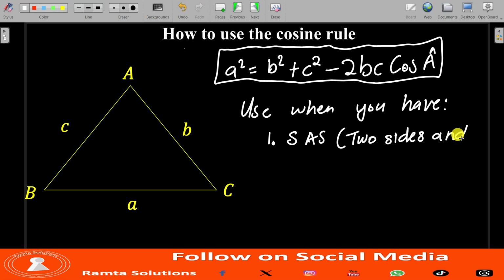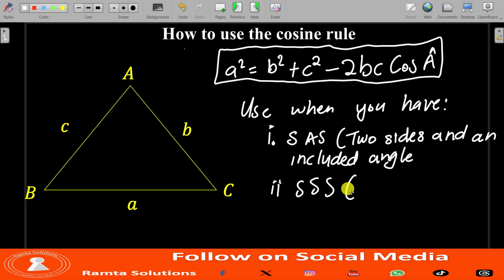Two sides and an included angle. Okay, this is one condition. Another condition is when you have all sides given.